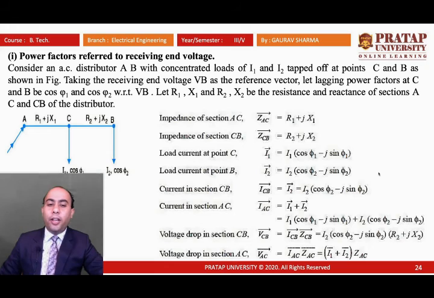So we are calculating I1 and I2. The current in section CB is I2, and the current in section AC is I1 plus I2.